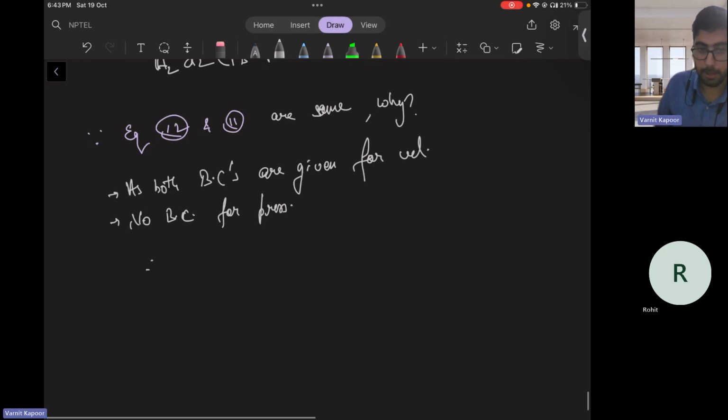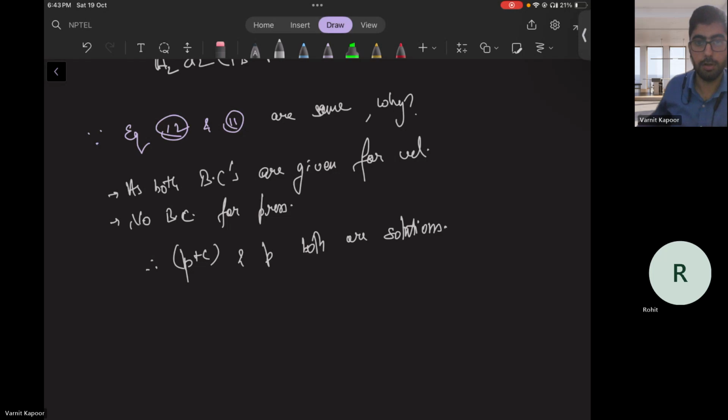Therefore, you can say that P plus C and P both are solutions, right? As a result, you cannot fix the pressure level. You can only find it up to a constant.